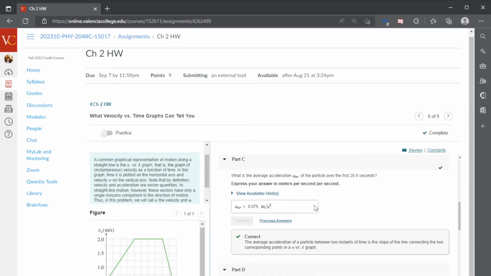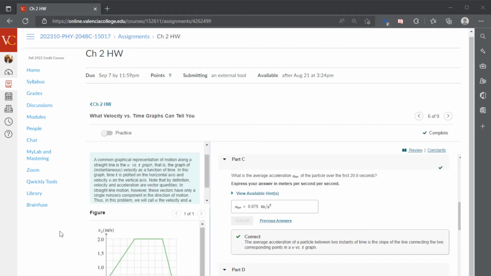So C: what is the average acceleration of the particle over the first 20 seconds? Here they're asking for the acceleration from 0 to 20 seconds. We already know that the acceleration is constant, so having the acceleration is the slope of the line.